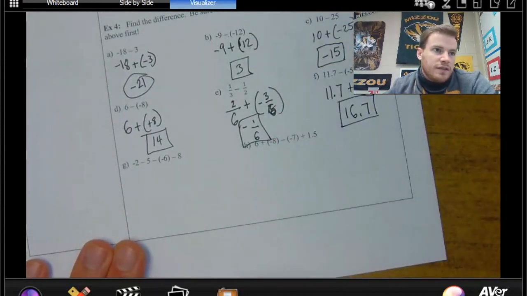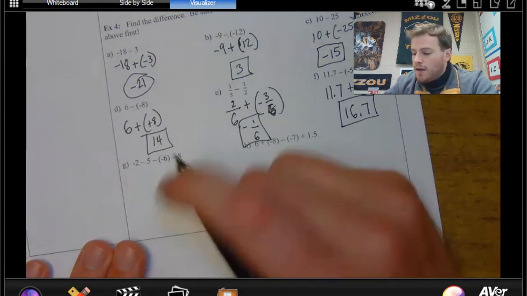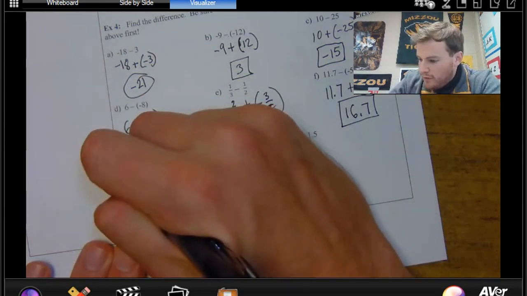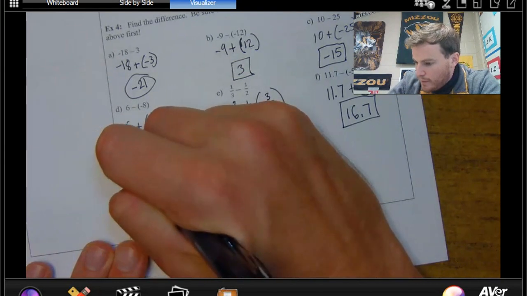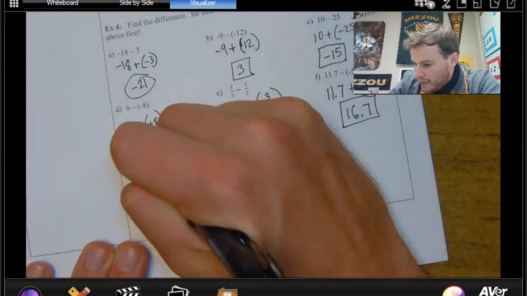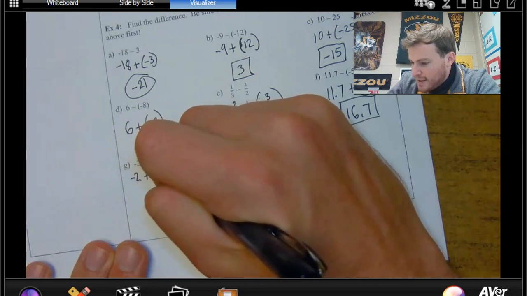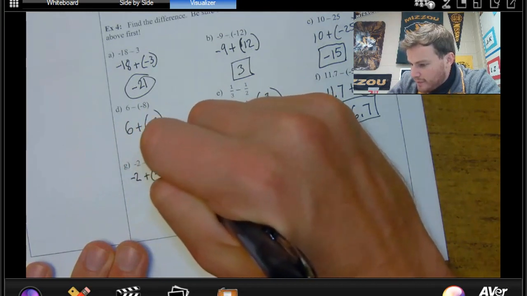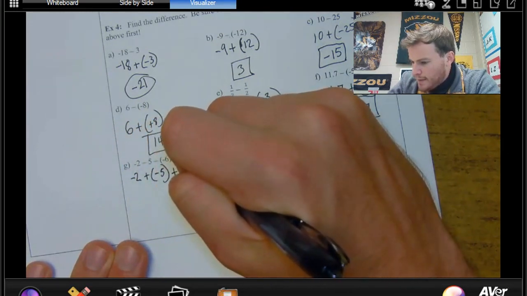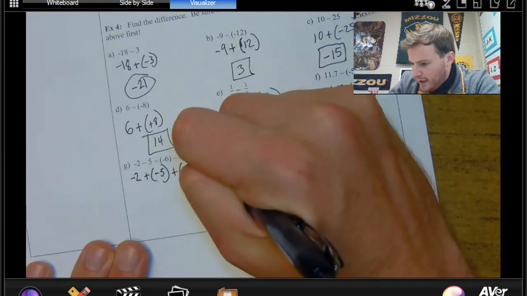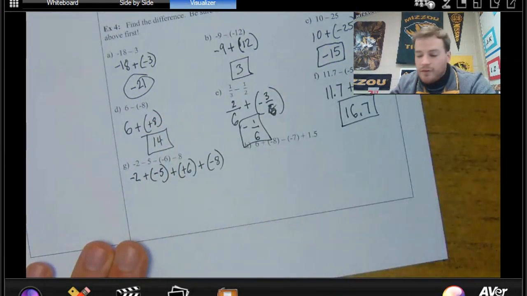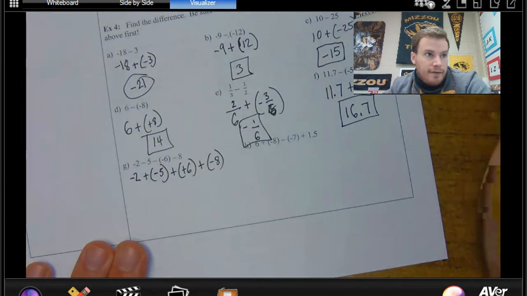Let's look here. G, trying to fool you a little bit. On G, you have negative 2 plus a negative 5, minus a negative equals plus a positive 6, and then plus a negative 8. So that's how you would write that out first. Which ones can we combine together?